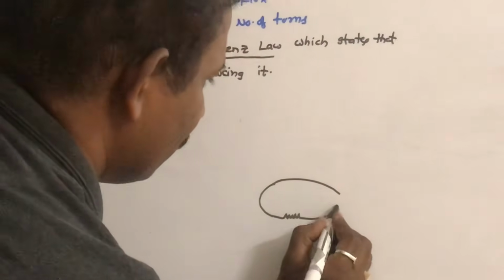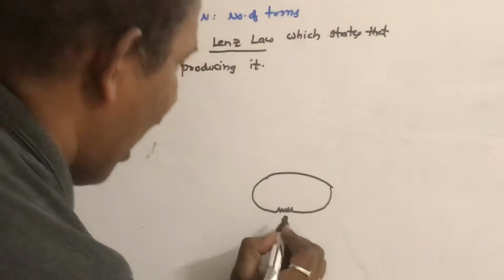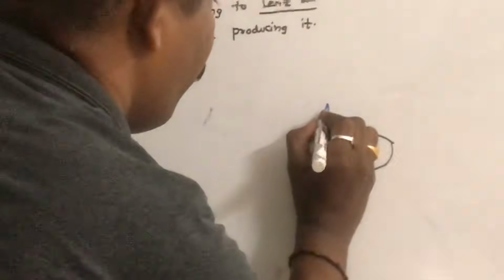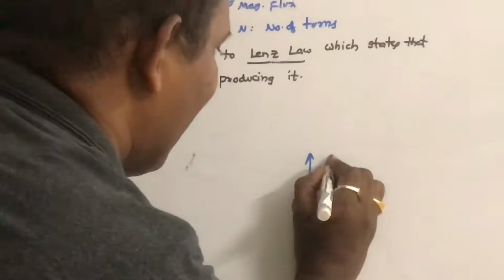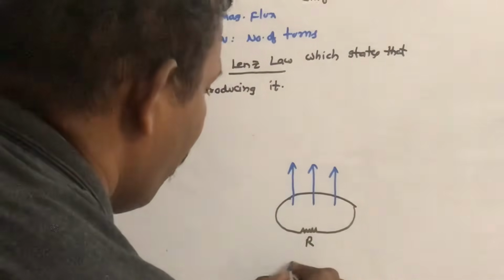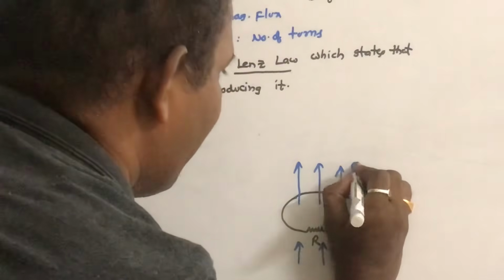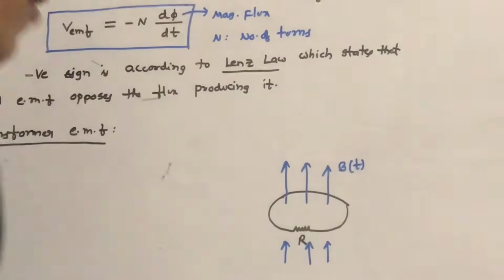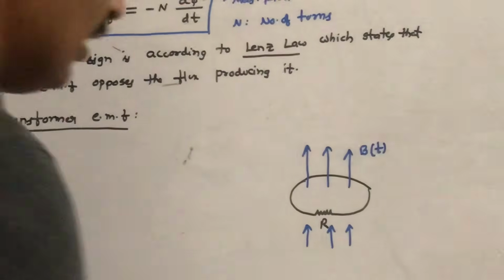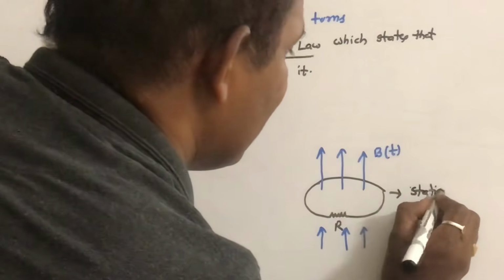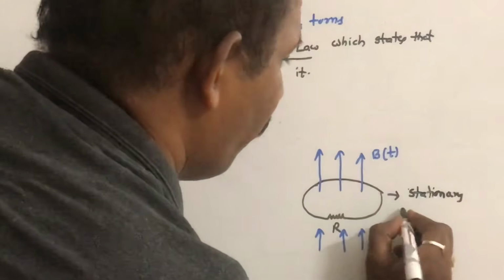consider a loop consisting of a resistor R. If you place this loop in a time varying magnetic field, this is represented as B of t. Clearly write here, this is a stationary loop, the loop is not moving.